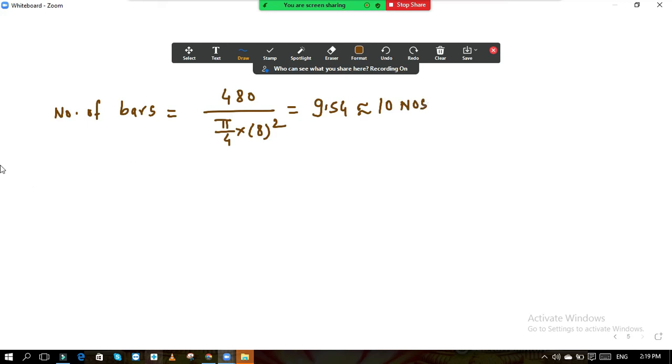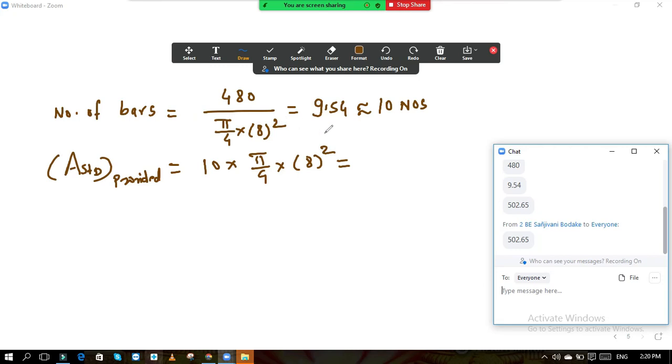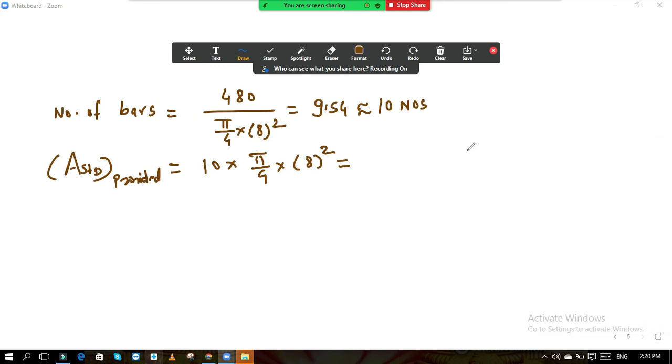Now calculate ASTD provided. 10 bars we are going to provide, each of bar diameter 8. So it is 502.65 mm square.